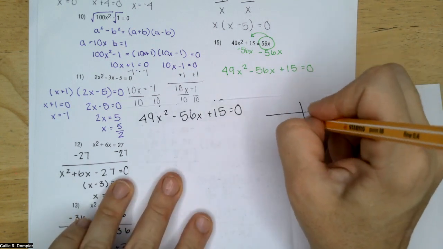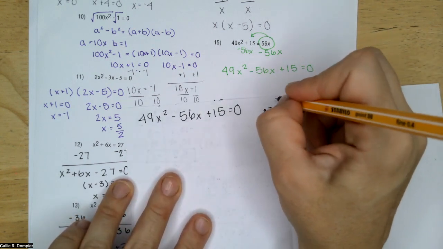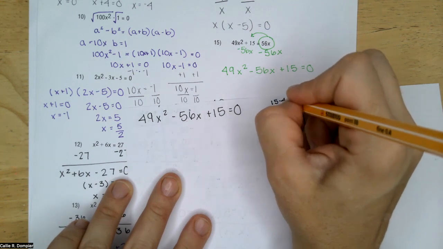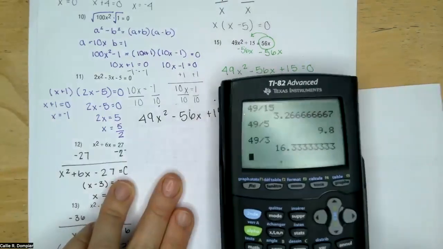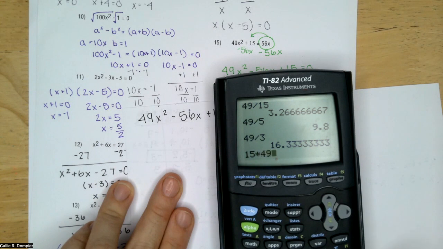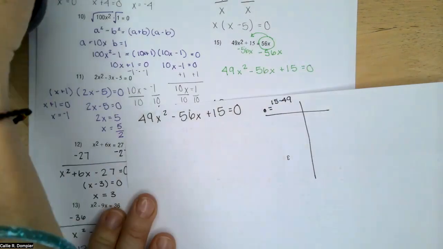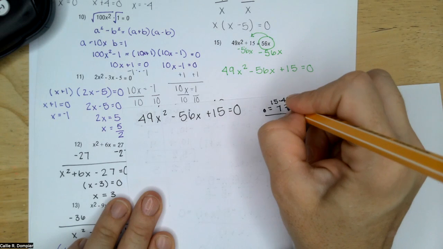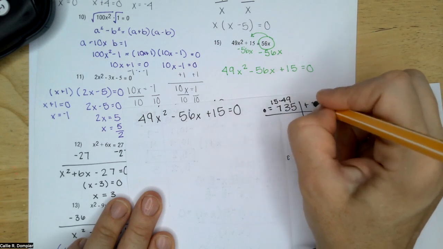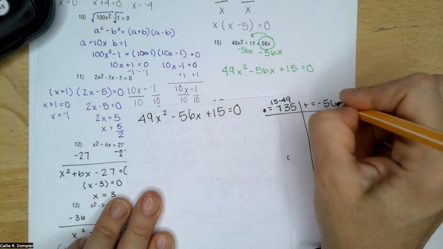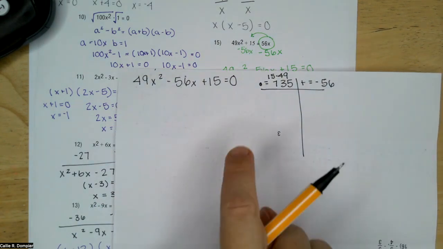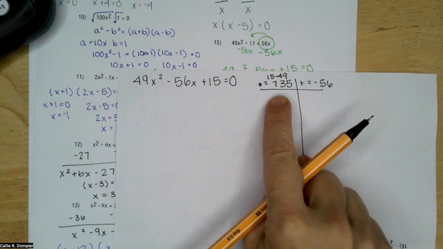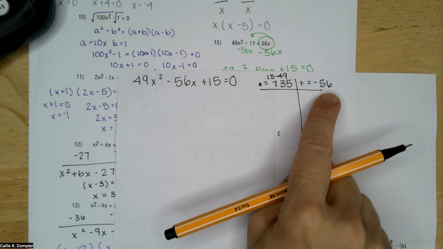We need numbers that will multiply to equal 15 times 49, 735, and add to equal negative 56. Good. So that's a positive. Those are negatives. So we're looking for two negative numbers.